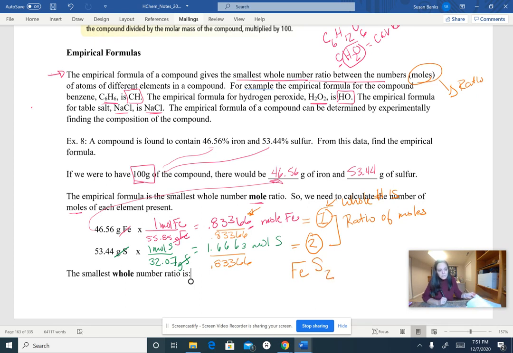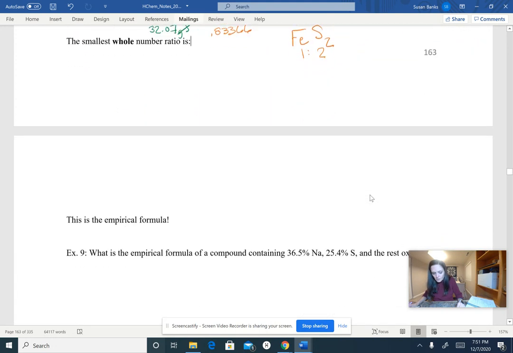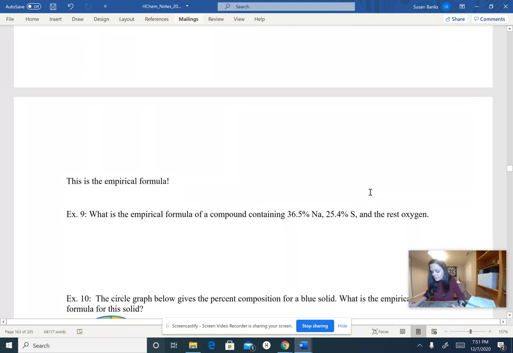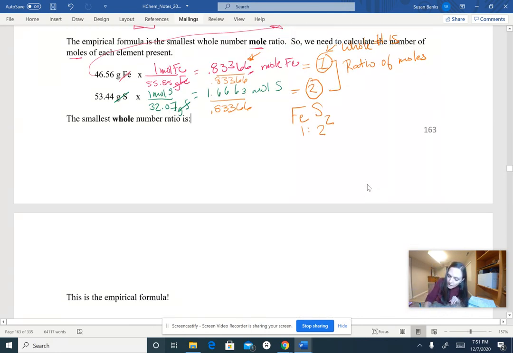So that would give me my formula of 1 iron and 2 sulfurs, my ratio right there. So that is an empirical formula. We're just going to use mole ratios to create a formula. And remember, notice how I wrote the metal first? We always write the metal first and the non-metal second.